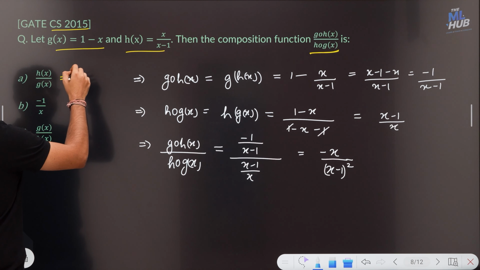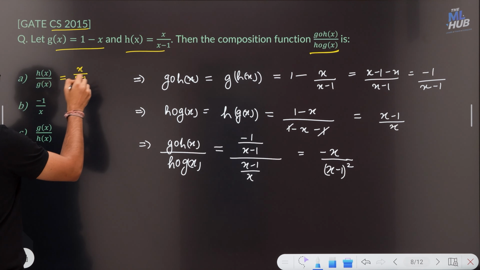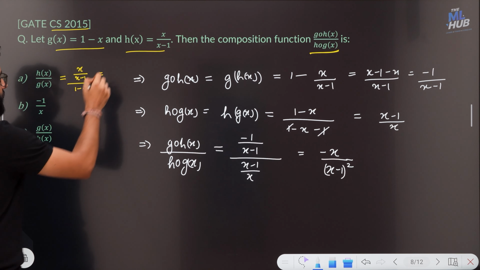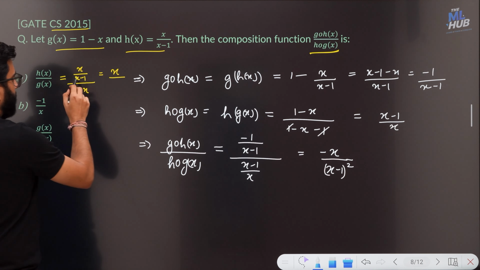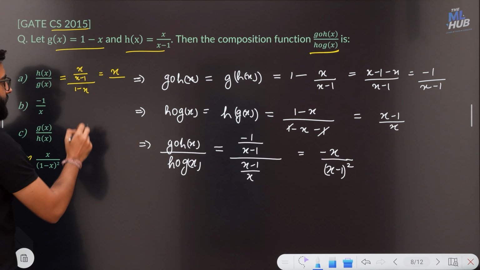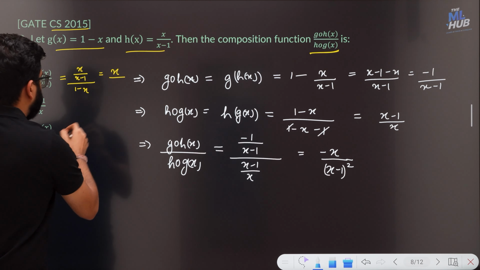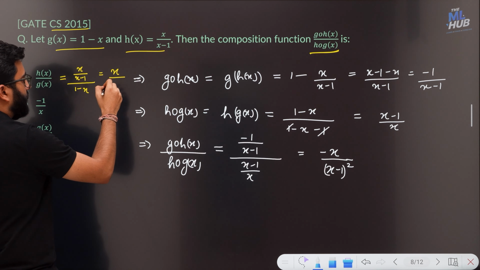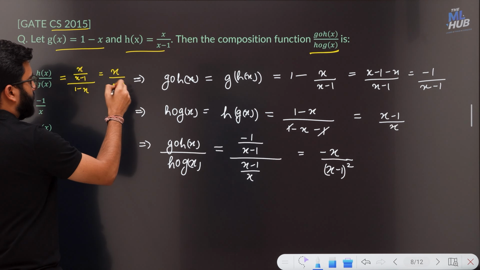h(x) by g(x) will be x by x minus 1 divided by 1 minus x. So it is x divided by x minus 1 divided by 1 minus x. So if we take minus 1 common, it will be minus times (x minus 1) whole square.